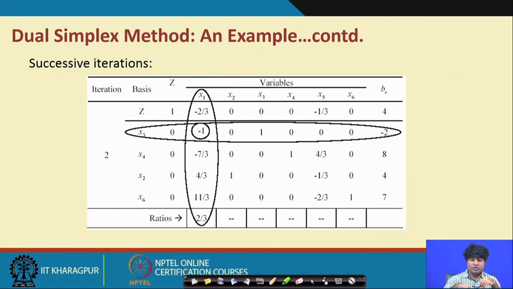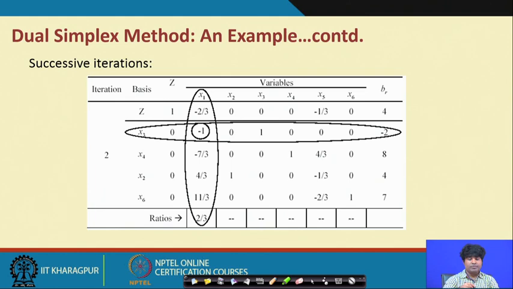And here there is only one case where we can get the incoming vector, because in the other cases the coefficients are not actually negative. So as a result, by default this will be the incoming vector. So that means this is a unique scenario here, only one negative. So by default that will be the outgoing vector indication, and here it is the only one ratio through which you can choose the incoming vector.